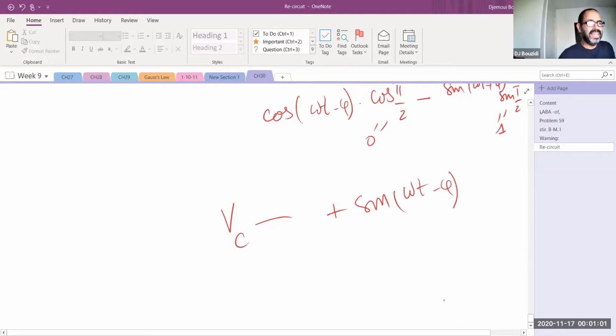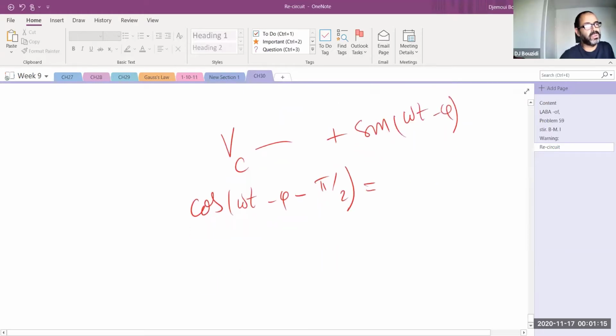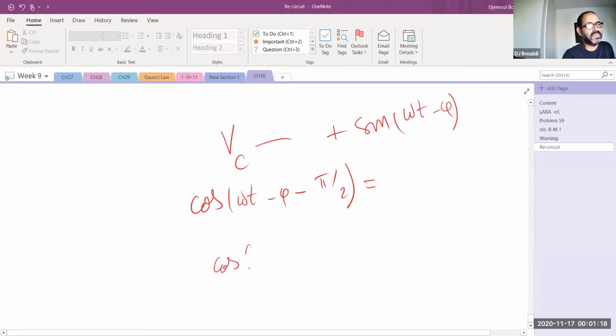It looks like cosine of the same stuff, minus phi, minus pi over 2. Using the trig identity, this is cos of omega t minus phi times cos of pi over 2. Again, this is 0, so this whole thing is 0.